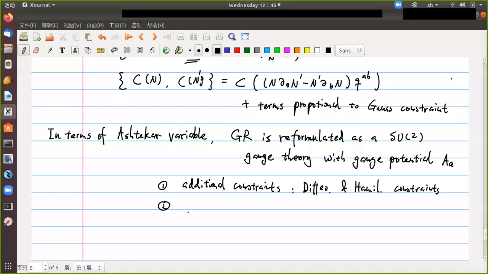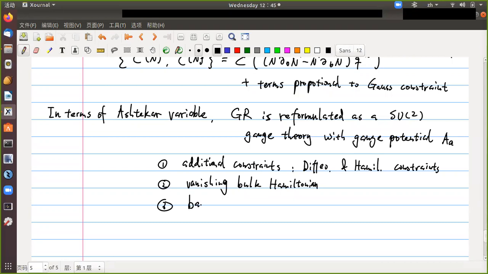And secondly, vanishing bulk Hamiltonian. And thirdly, the theory is background independent.